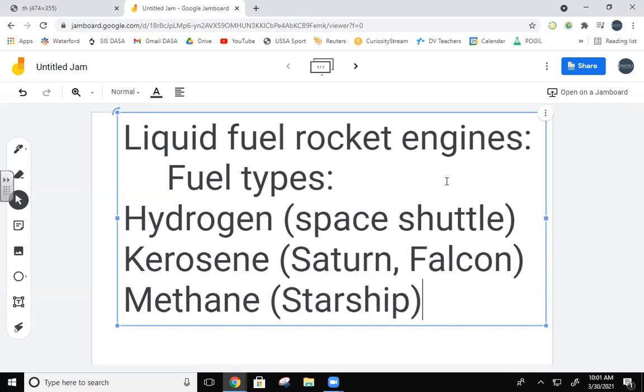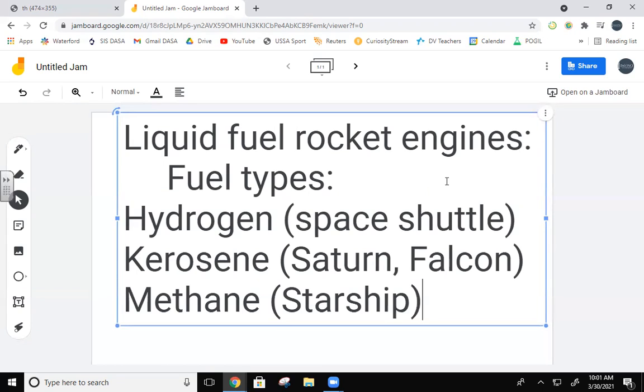Well, then again, it's kind of a flex move if it actually works. Methane is kind of the holy grail of liquid rocket fuels. But it hasn't really worked very well so far.